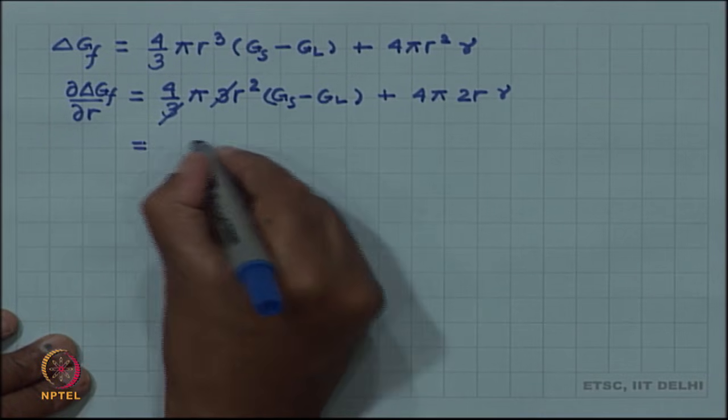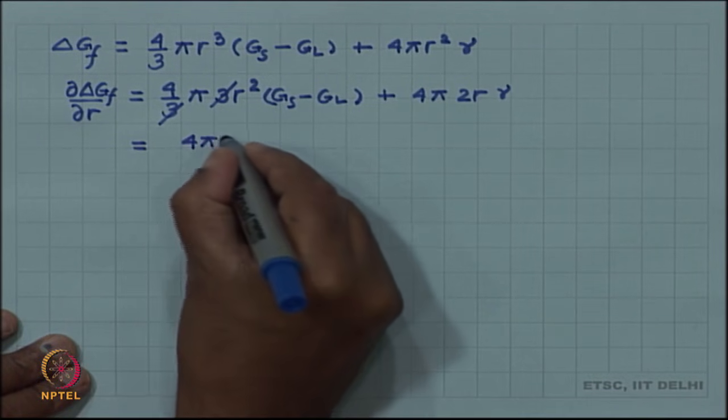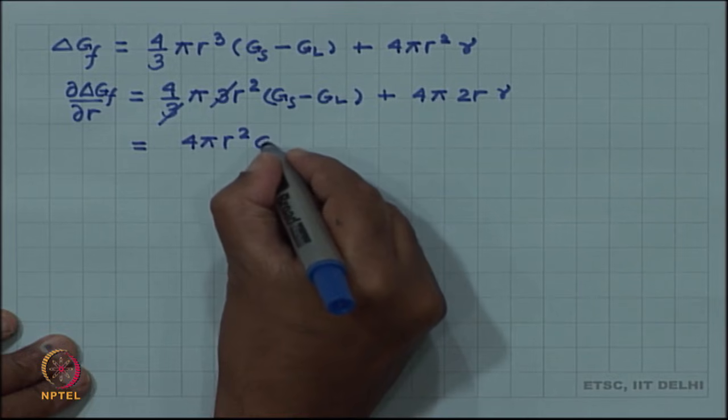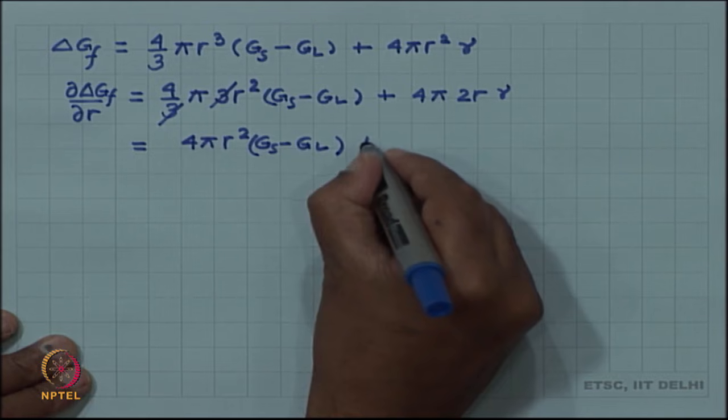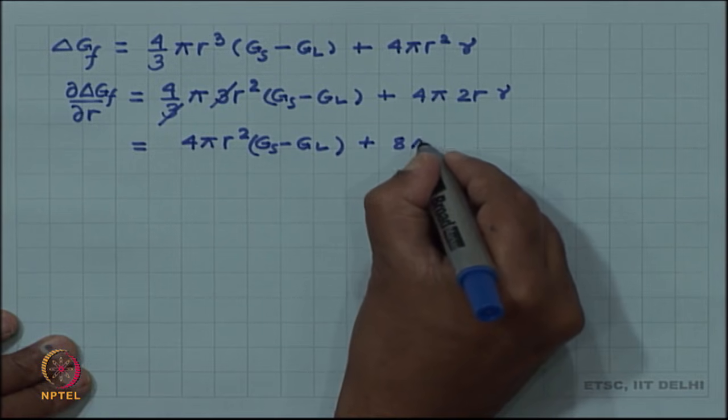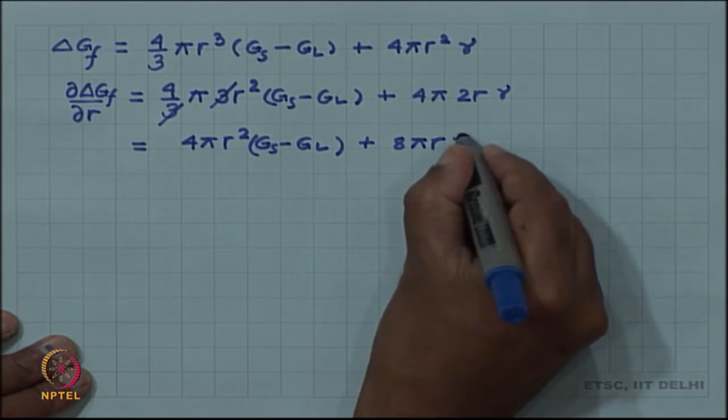So, we have 4 pi R square (Gs minus GL) plus 8 pi R gamma.